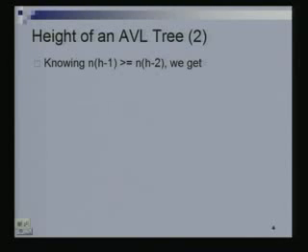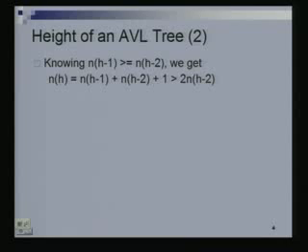So n of h minus 1 is at least as large as n of h minus 2, and this implies that what we had written earlier, n of h equals n of h minus 1 plus n of h minus 2 plus 1, is at least as large as 2 times n of h minus 2, strictly larger because I have also dropped the 1. I have replaced n of h minus 1 by n of h minus 2, and this is what I get. Now this becomes a simple thing to solve.